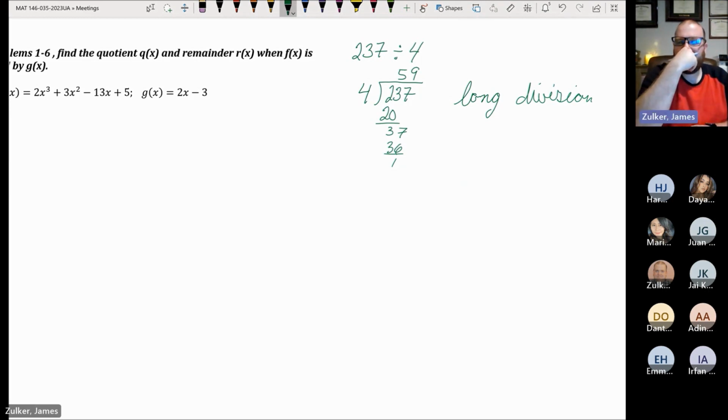Long division, right? Does that sound familiar? So long ago. Feels like ancient times, right? Well, we have a similar process when we're dividing polynomials.